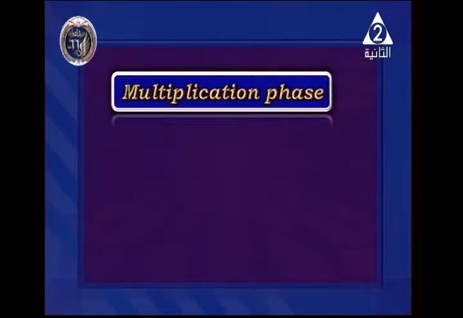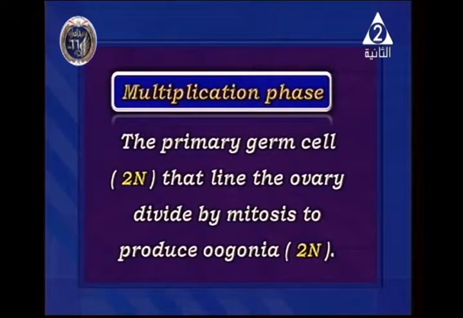Number 1, multiplication phase. The primary germ cells inside the ovary, lining the ovary, divide by what? By mitotic division to produce what? Oogonia. The primary germ cells divide mitotically to give us oogonia. There is no change right now.